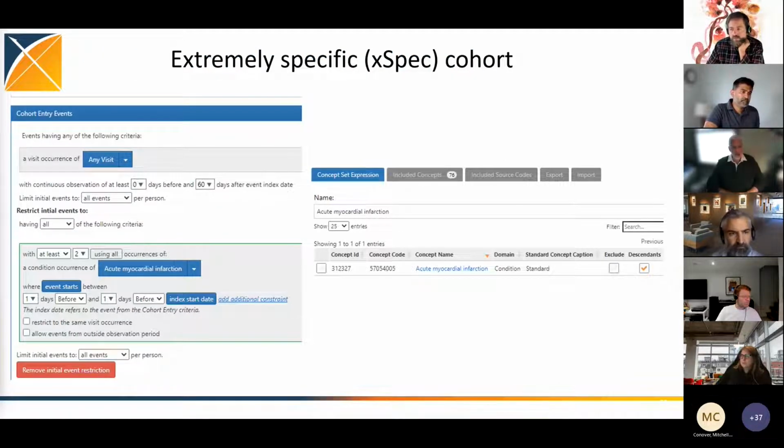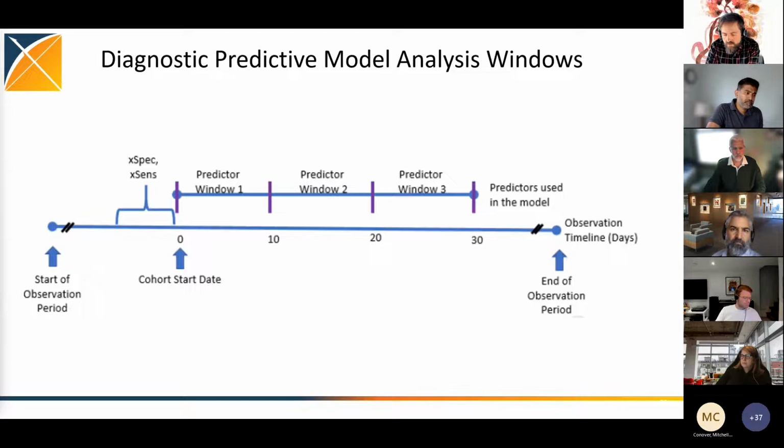Using the Atlas tool within the Odyssey tool stack, this is an example of the way we created the phenotype algorithms for myocardial infarction, where we looked at 2 codes of myocardial infarction within a short period of time. Then within the modeling process, we used the model to pull out predictors for the health outcome.